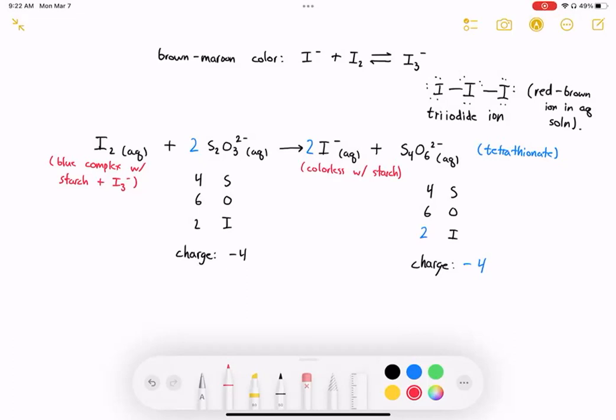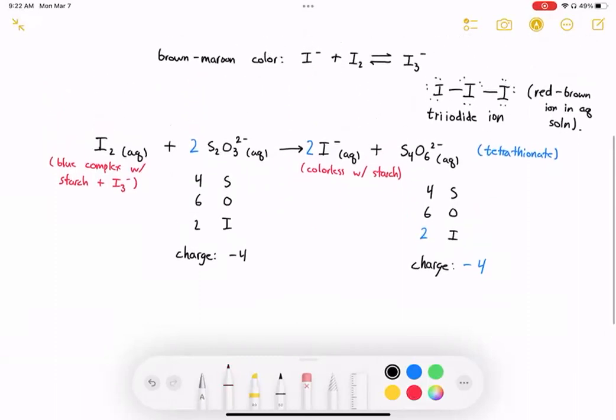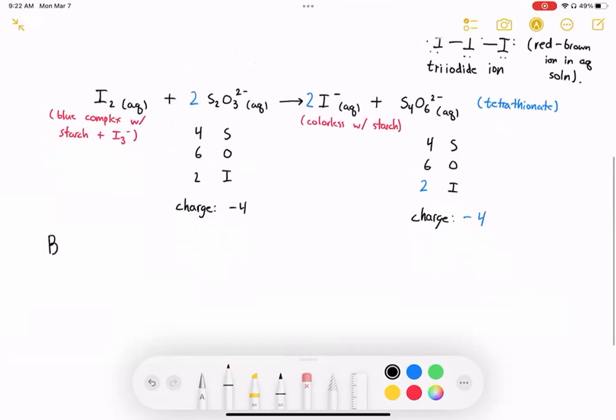Okay, so the first thing we do is we're going to standardize our solution. So let's go to part B. Moles of potassium iodate.